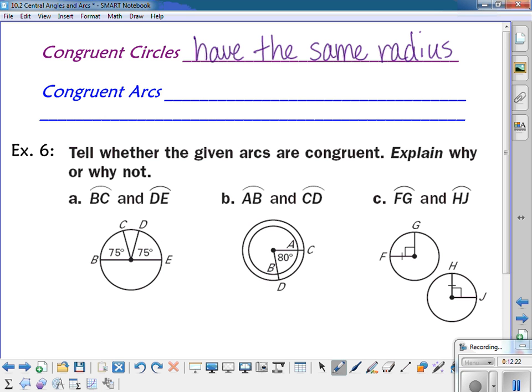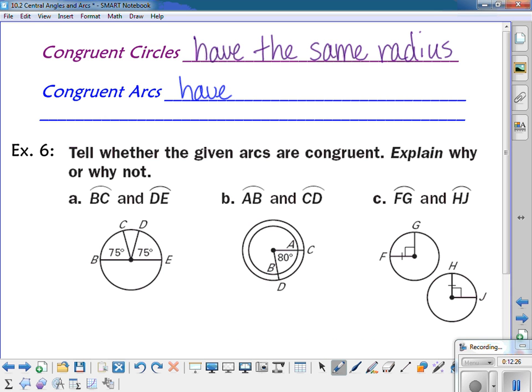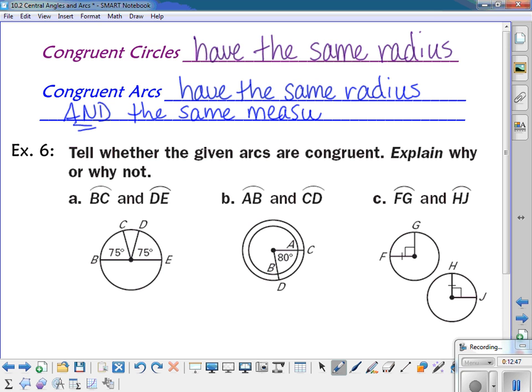And congruent arcs have to have the same radius, and they have to have the same measure. Okay, so congruent circles have the same radius, congruent arcs have the same radius and the same measure.